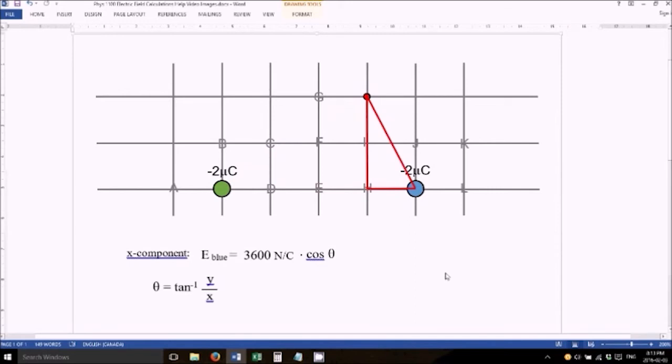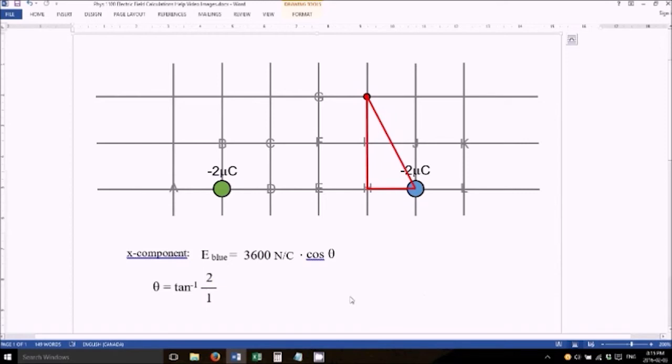So now we're going to find the x and y components of this triangle. As before, the first thing we need to do is figure out what this angle is. So again, we'll use trigonometry. The inverse tangent of y over x will give us our angle theta. In this case, the y is still 2 meters, but the x is now 1 meter. So let's fill those in.